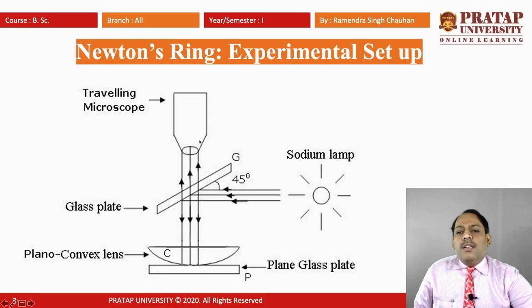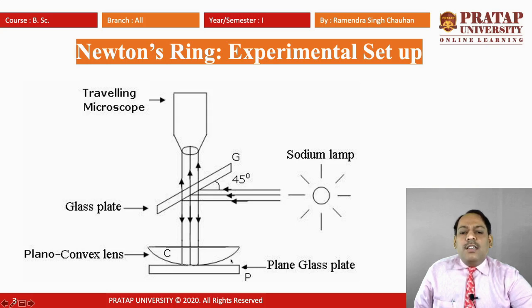The rays will overlap and formation of fringes will take place, and we can see the fringes between the plate P and the plano-convex lens.